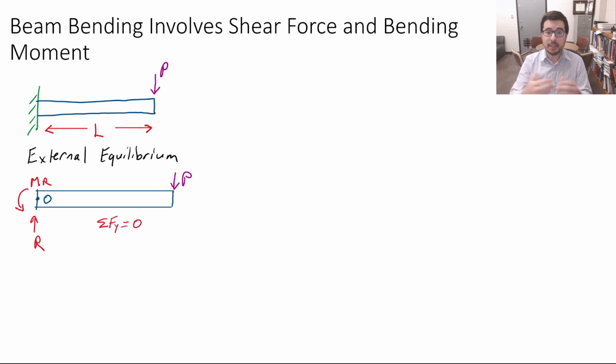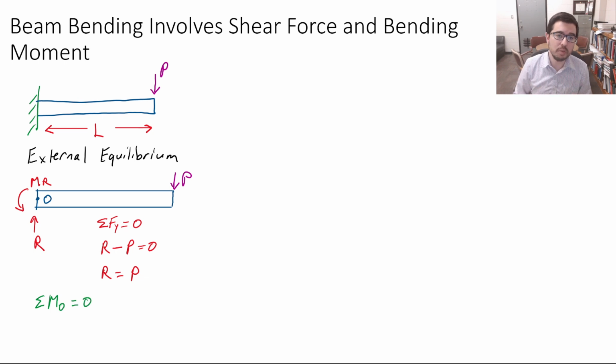We'll go ahead and do our equilibrium, applying Newton's second law on the entire structure, starting with the forces, and we get simply that the reaction force at the wall is equal to the force P applied at the end of the beam. And we select a location about which we can do our summation of moments and set them equal to 0.